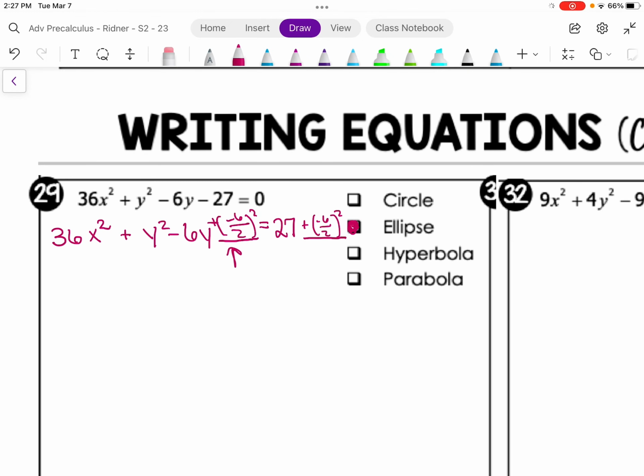So I'll zoom in on that because that was a little small. So we have, did nothing here. This becomes, so if I'm thinking about just this big group here, -6 divided by 2 is -3, squared is +9, and then I get 27 plus 9 on this side.